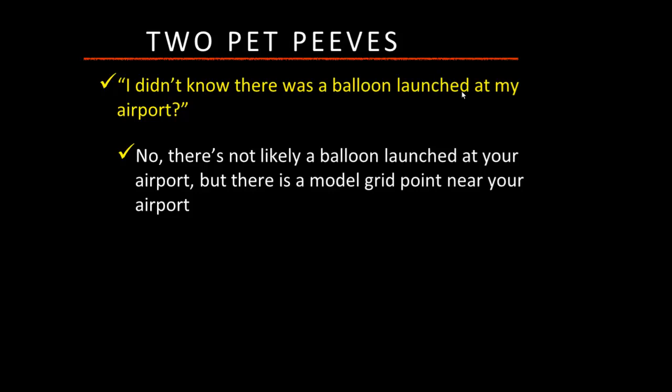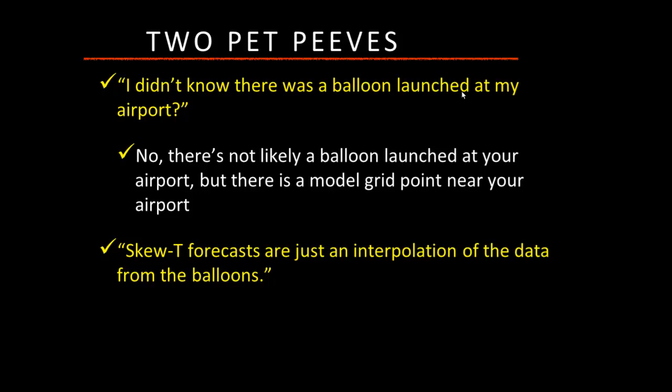It's probably a forecast sounding, and in that case, it's at a grid point nearby the airport. The other one that really drives me nuts is that SKEW-T forecasts are just an interpolation of the data from the balloons. That couldn't be further from the truth.